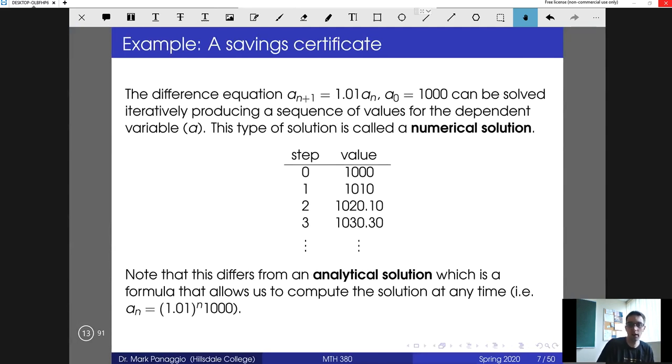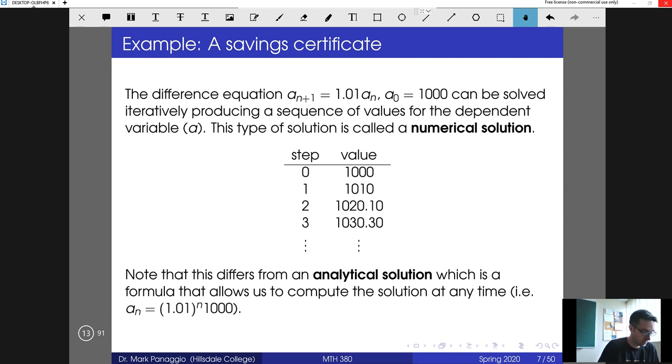Now, if we have this formula written down, we can start to use it to make some estimates, and we can actually try to solve the problem in a couple of different ways. The first way is to just use our, well, by hand or using a calculator or a computer, we can just compute the values of the state of the system at various points in time. So remember, A was representing the value of our savings certificate.